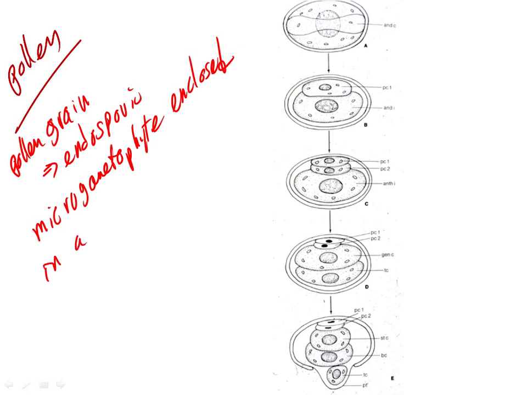We'll even make it really complete: in a microspore wall. Okay, so an endosporic microgametophyte enclosed in a microspore wall. And this is the structure of a pollen grain here. This is the mature pollen grain.